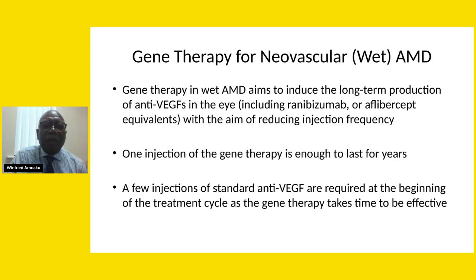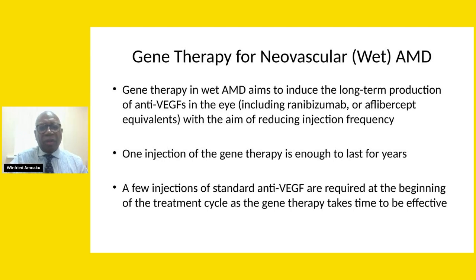For the gene therapy, the aim of gene therapy in wet macular degeneration is to induce the cells in the eye itself to produce the anti-VEGFs, to produce molecules similar to either ranibizumab or aflibercept. And if you remember, I said there's recurrent production of VEGF, so you want to be on top of it.